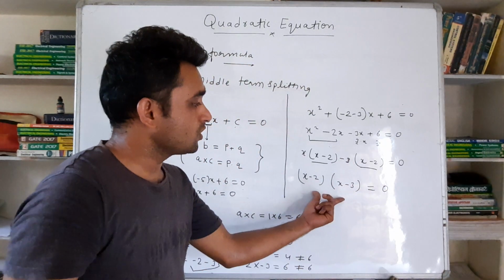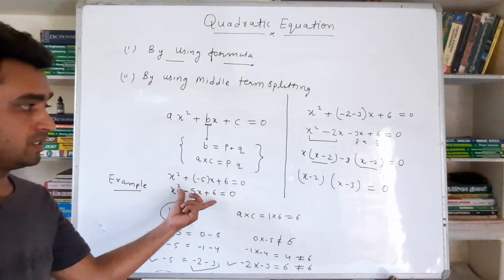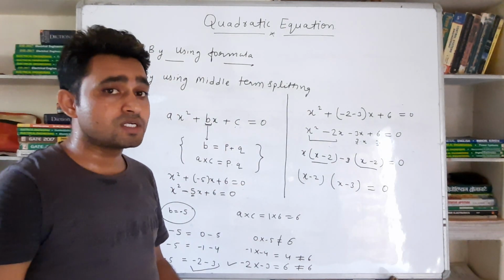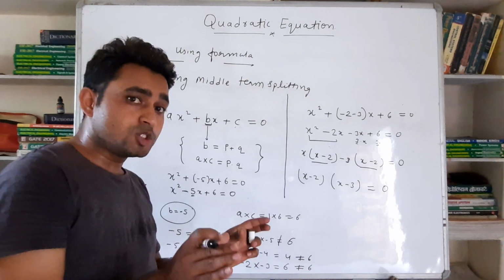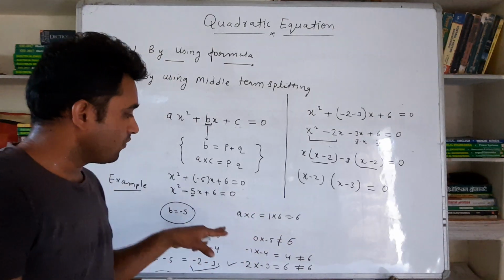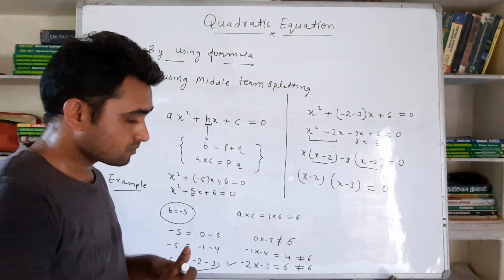Now these are two factors of this quadratic equation. What is a factor of the quadratic equation? Those are the values by multiplying which we obtain our original equation.